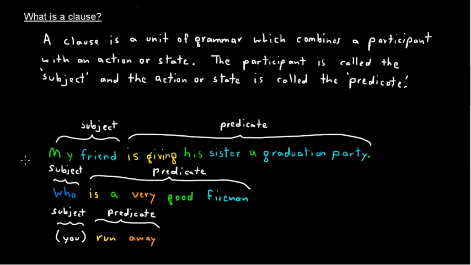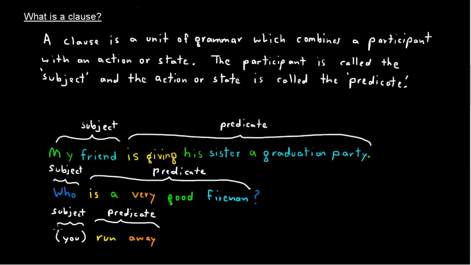If we take this one, let's capitalize it and put a question mark. Who is a very good fireman? Now this is an interrogative clause, and it creates a question.